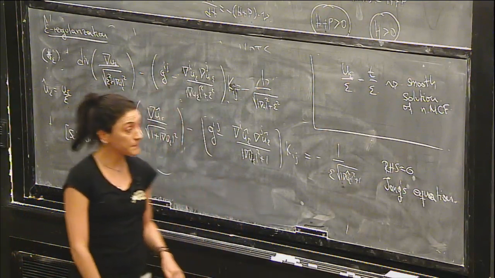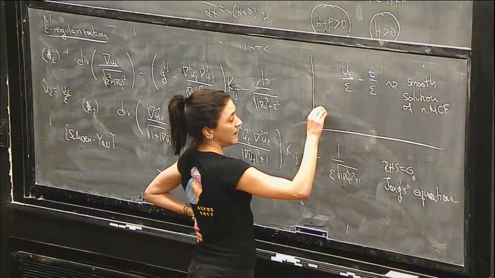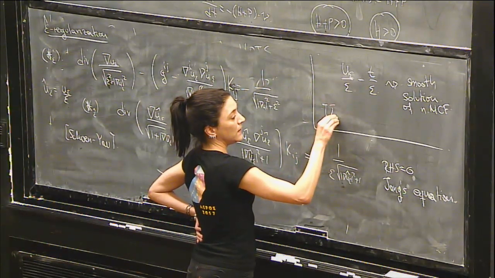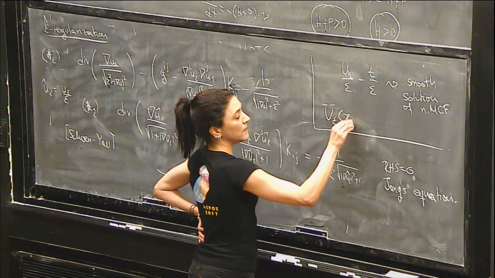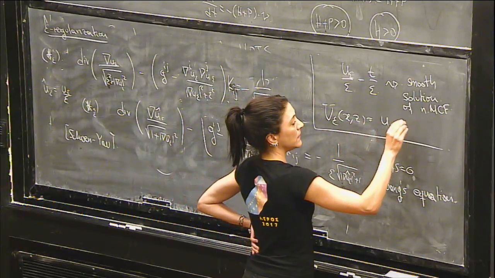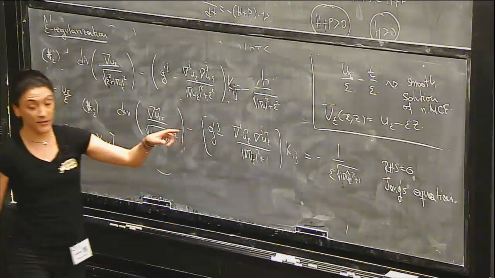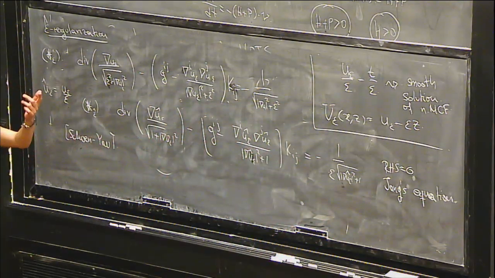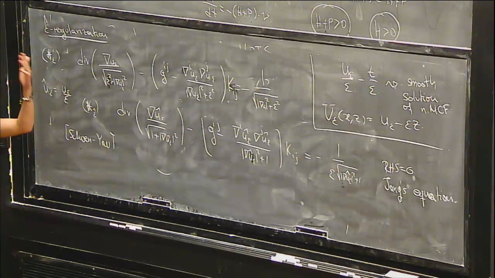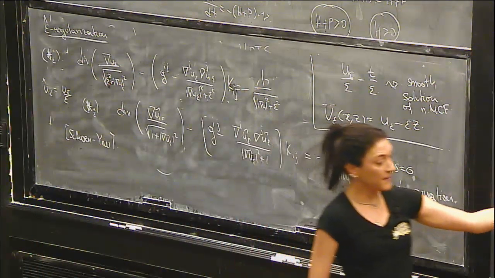This means that this function capital U, defined in a space of dimension +1, is a solution of this equation, okay?